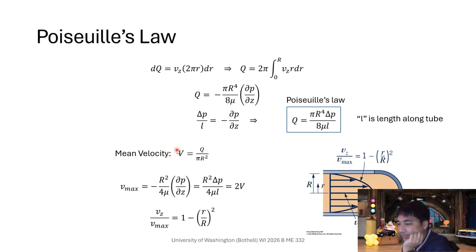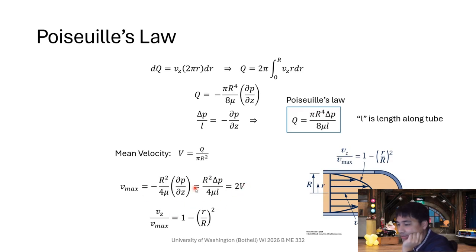This was previously defined: capital V is equal to the flow rate divided by pi capital R squared. So now you can have this V max, which is this term right here. And then you plug in these terms accordingly, and you basically get 2V.